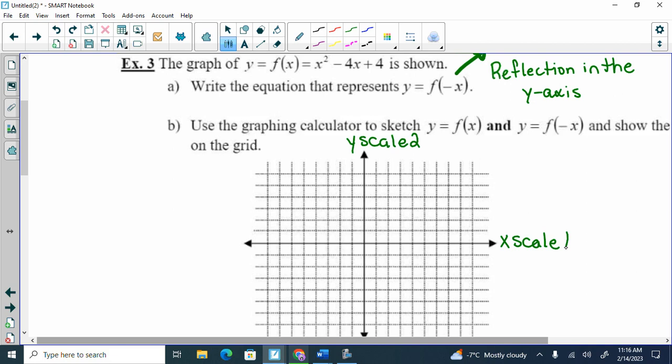So I had negative 1, 9, 0, 4, 2, 0, 3, 1, 4, 4, 5, 9.